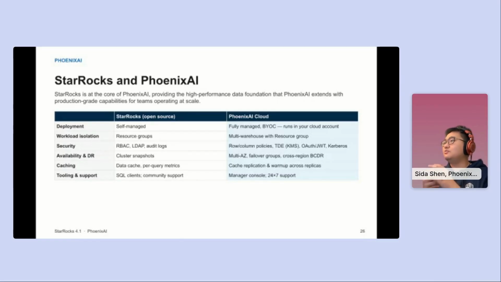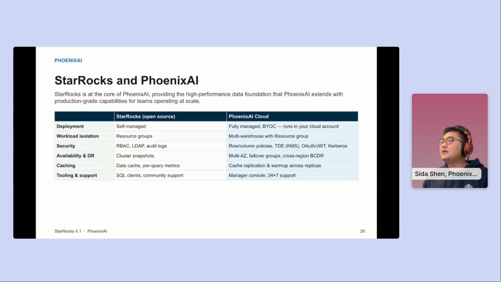So ideally, you would want resource groups inside of warehouses for it to actually work, and that's supported in PhoenixAI. And more security and governance features, such as cell-level access control policy, transparent data encryption, OAuth, Kerberos, and others, instead of just plain RBAC in StarRocks.